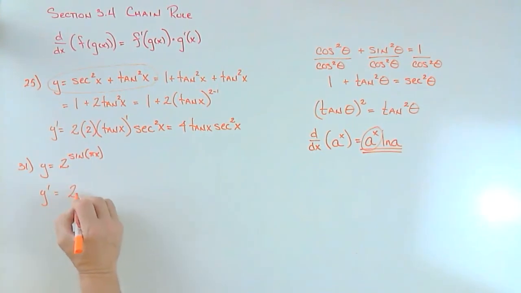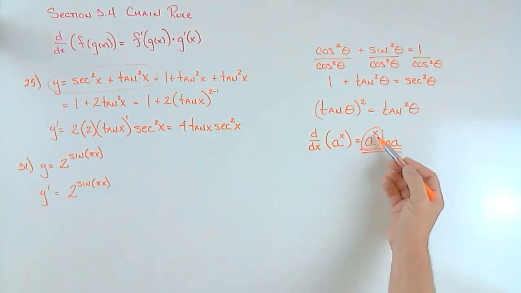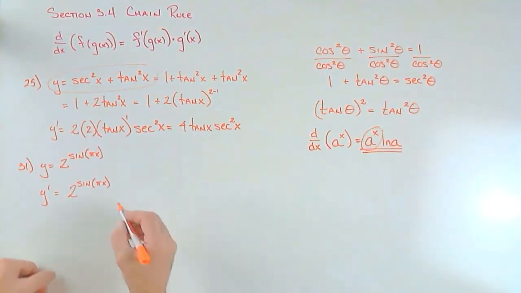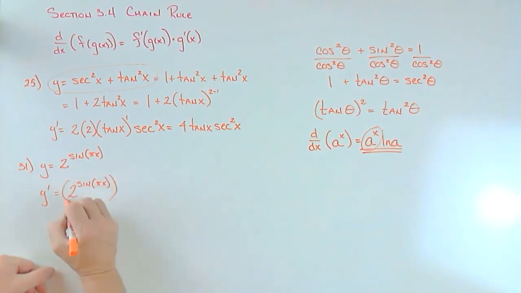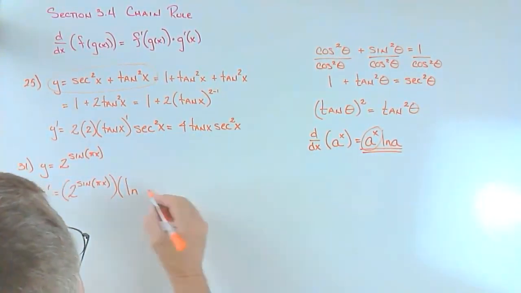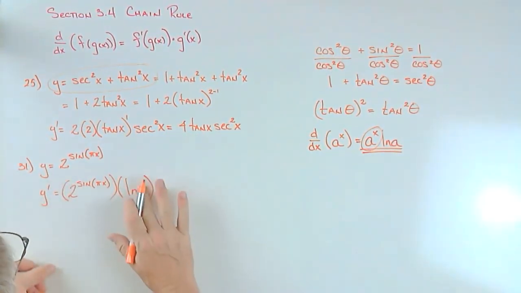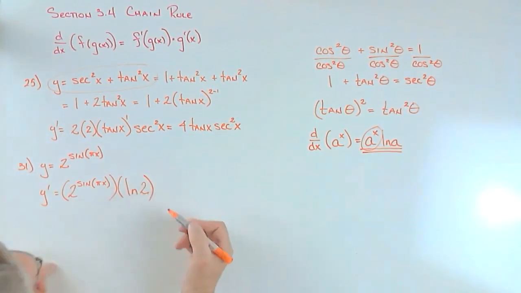So we copy that down. Right, that's what it says, a to the x. You then multiply that by the natural log of your base, natural log of a. Okay, there it is. In our case, a is 2, natural log of 2.